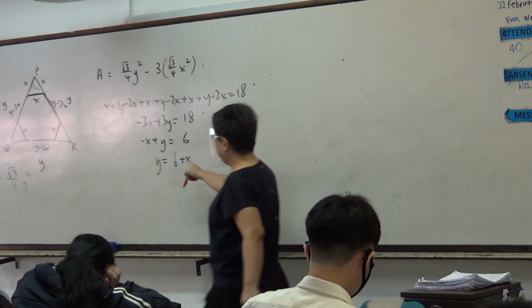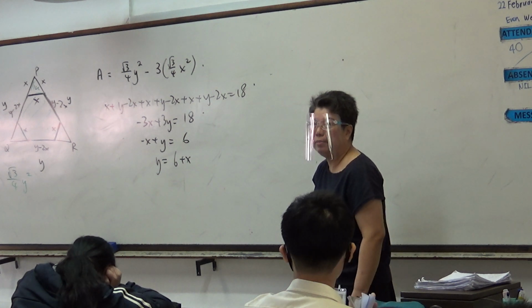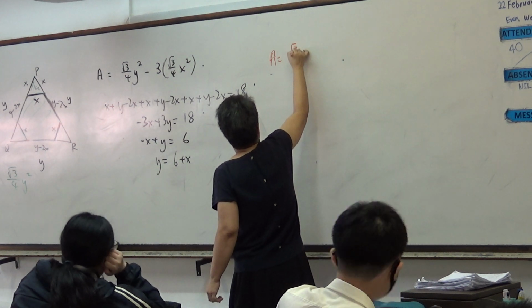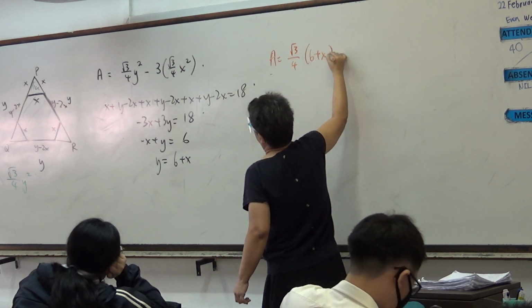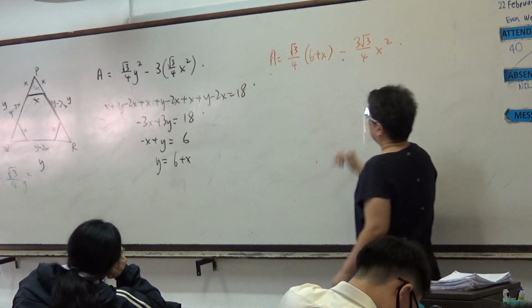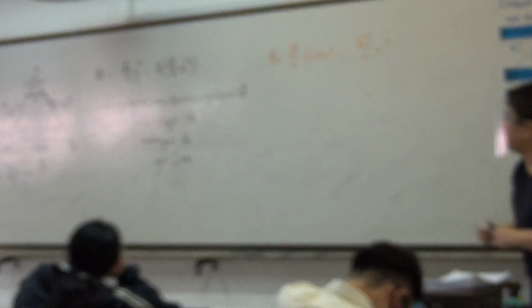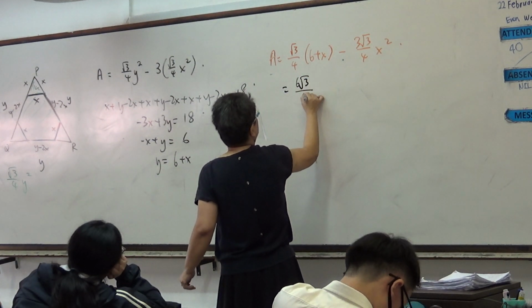That means I want to replace the y here. Everybody clear? So I'm going to replace it: root 3 over 4 (6 plus x) squared minus 3 root 3 over 4 x squared, right? Everybody okay? I'm just replacing. So this one is root 3, 6.